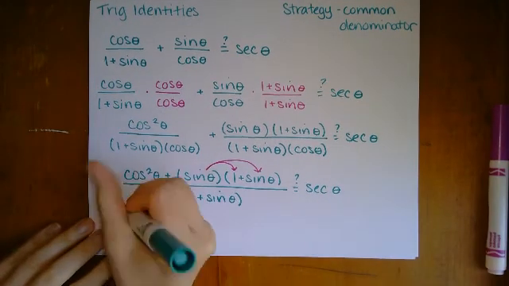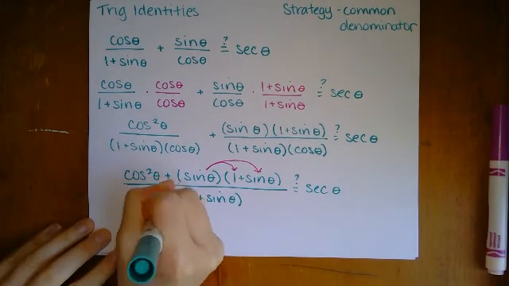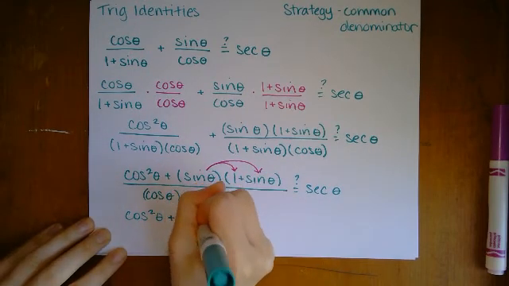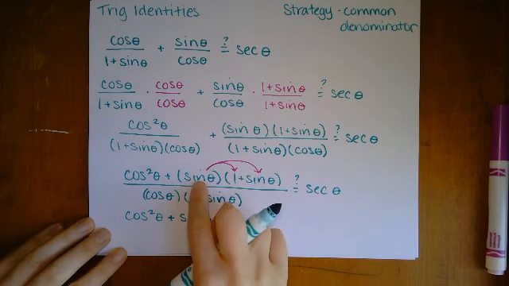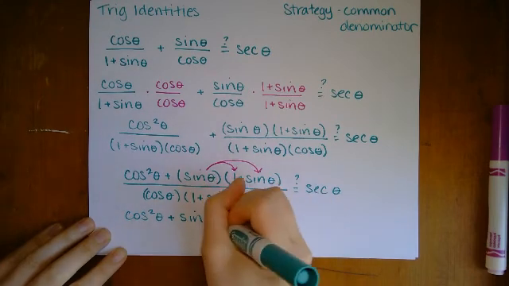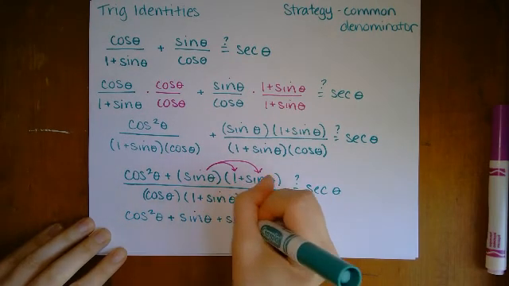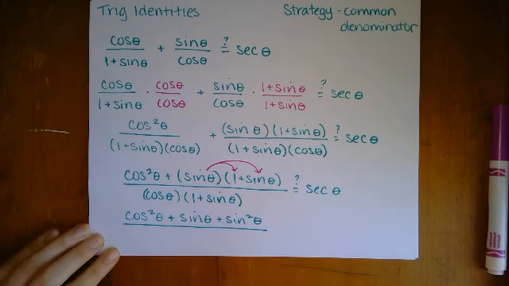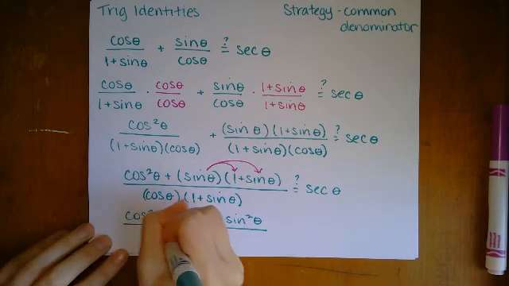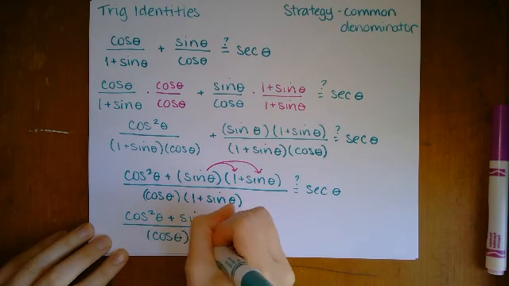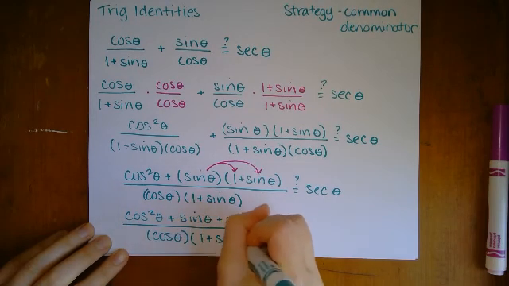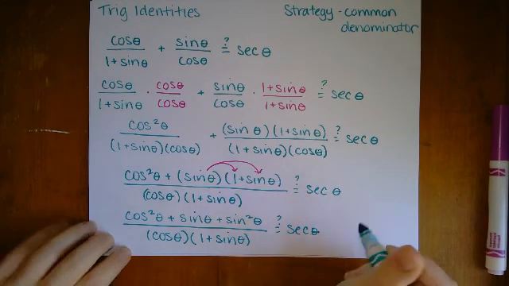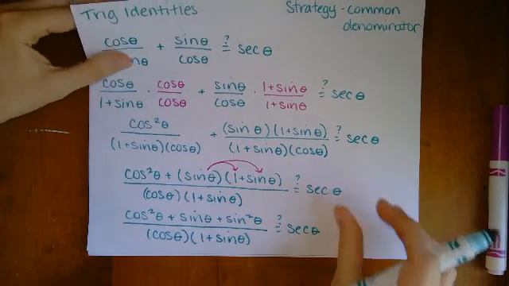All right, so now I will have in the numerator cosine squared theta plus sine theta times 1 is sine theta. Sine theta times sine theta is sine squared theta. And then in the denominator, I will have still cosine theta times 1 plus sine theta. And I'm trying to see if that is equal to secant theta.